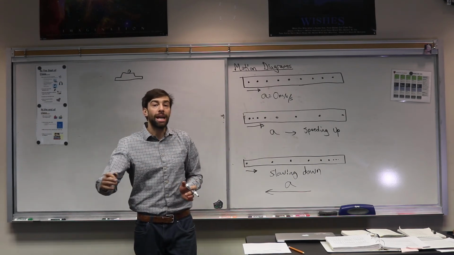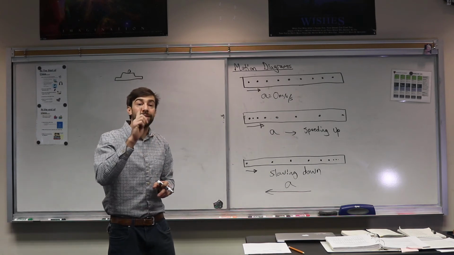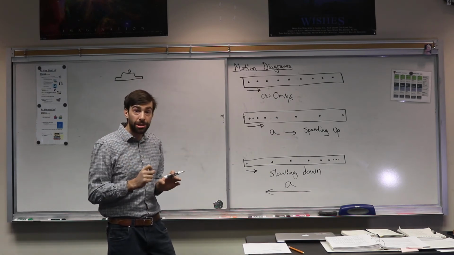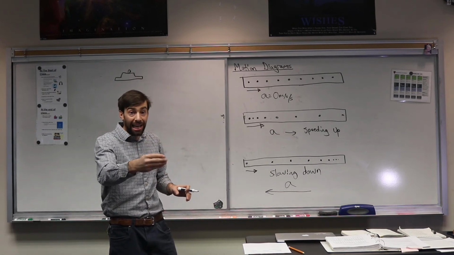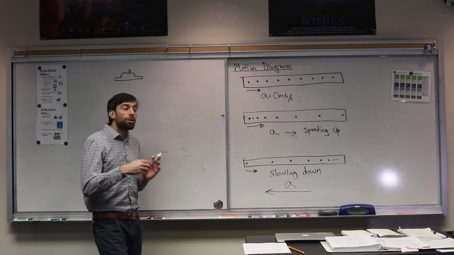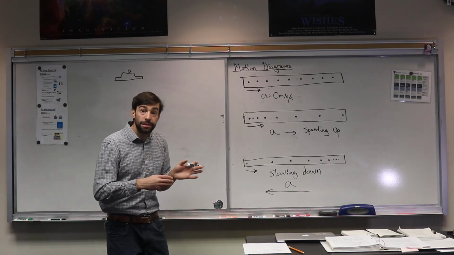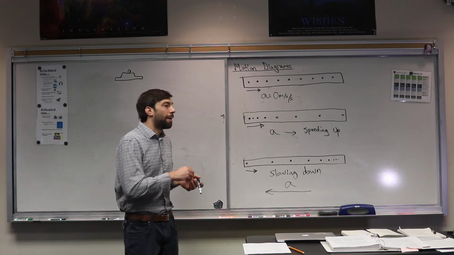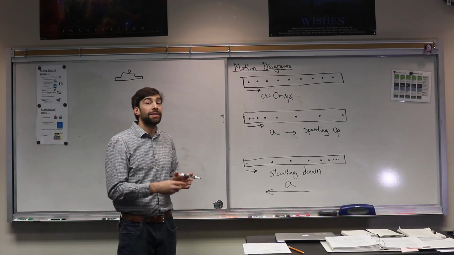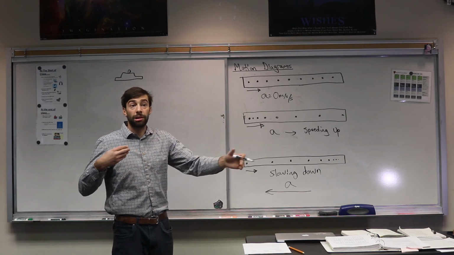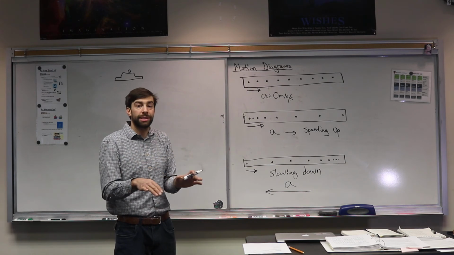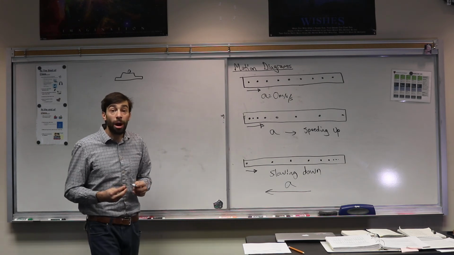Each picture of the object, again, represents a snapshot every single second in time. And so really we're just comparing the distance between each picture and judging if the distances are getting bigger, smaller, or staying the same.